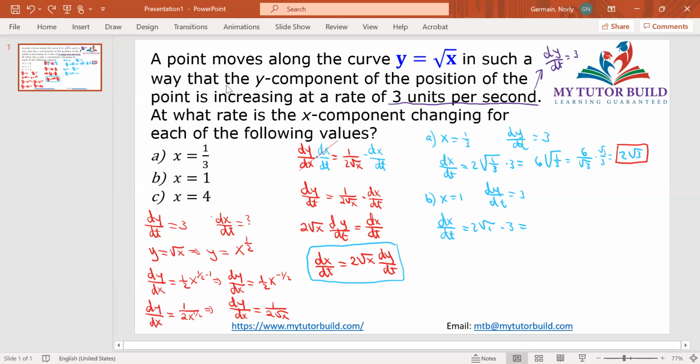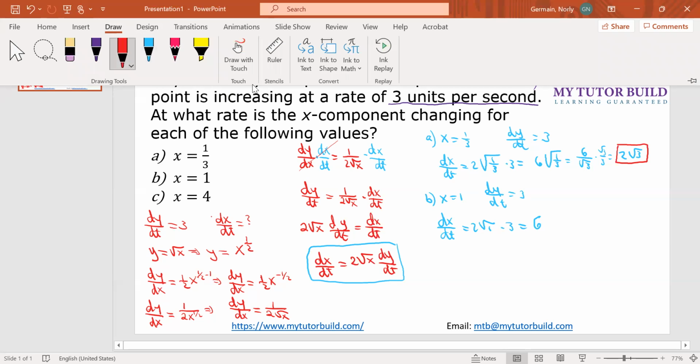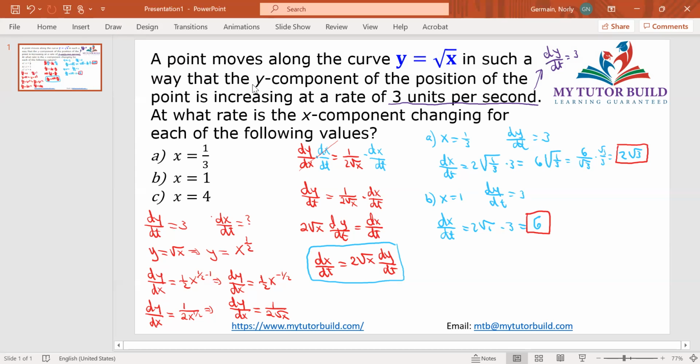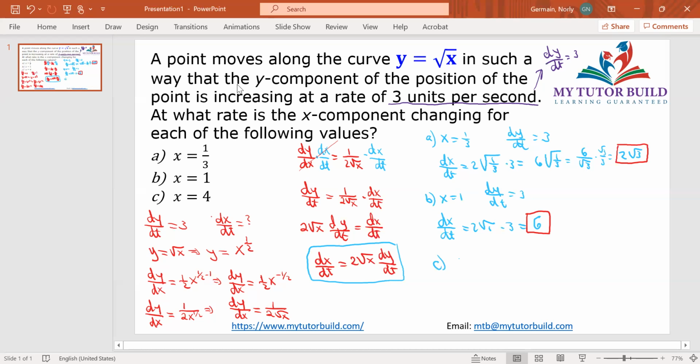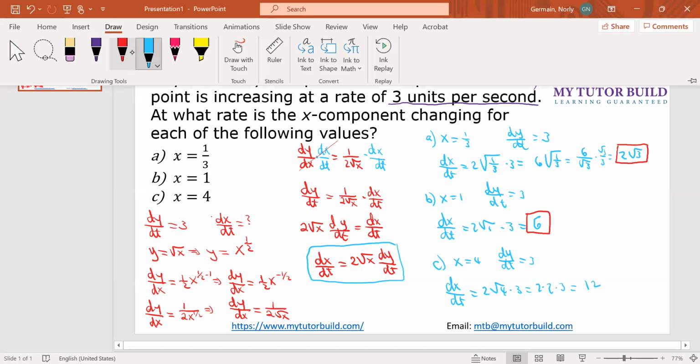The last question is to find that rate when x equals 4 and dy/dt is still 3. So dx/dt would be equal to 2 square root of 4 times 3. That gives us 2 times 2 times 3, which is 12. So we answered the three questions they asked us to do.